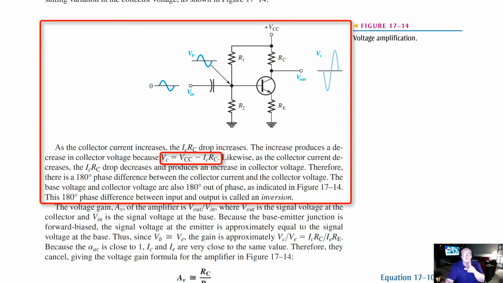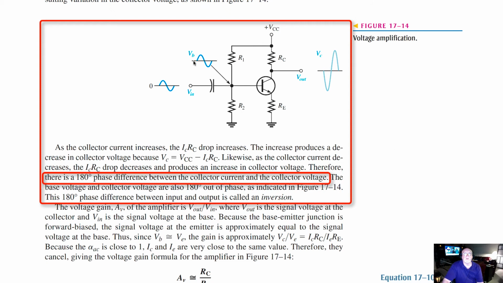So you've got to keep track of these subscripts because some of them are DC and some of them are AC. Likewise, as the collector current decreases, the I sub C RC drop decreases and produces an increase in collector voltage. Therefore, there's a 180-degree phase shift between the collector current and the collector voltage.